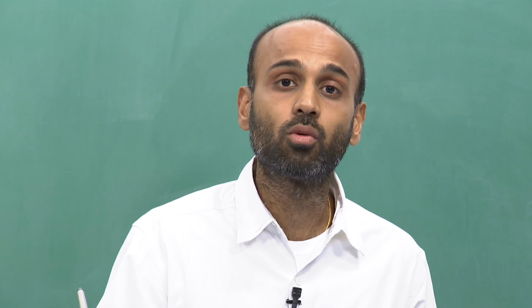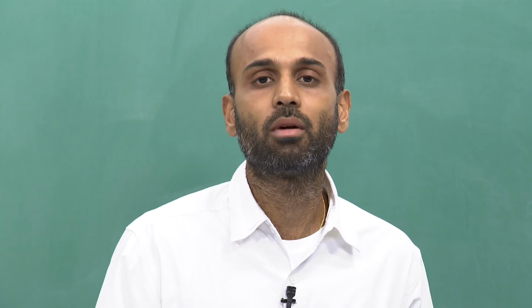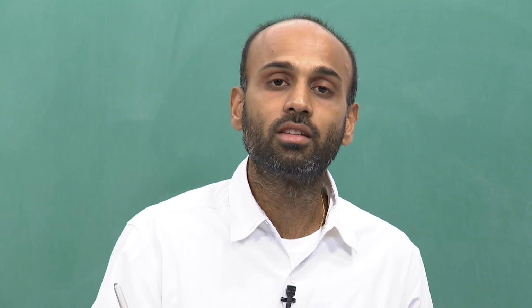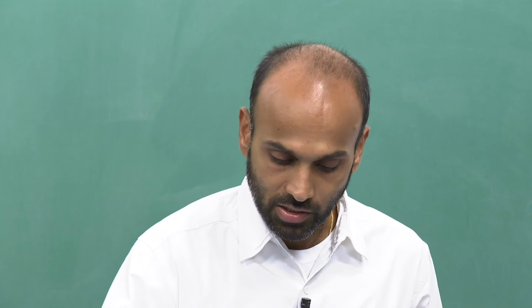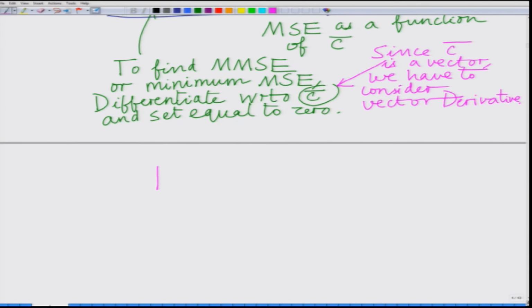How to differentiate this quantity with respect to the vector C bar. So, next we are going to introduce this notion of a vector derivative. So, let us consider any function f of C bar. This is f of C bar, a function of vector C bar.